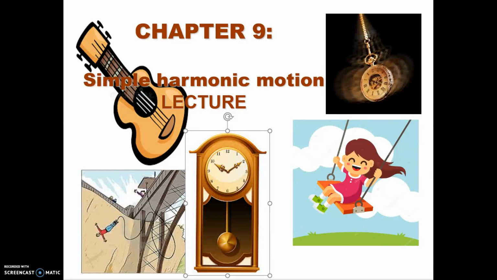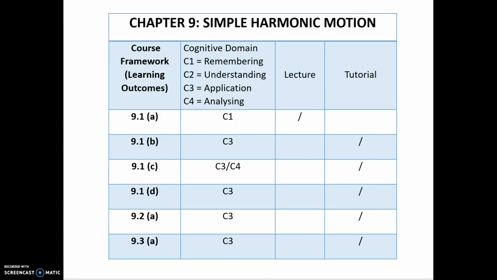So let us start simple harmonic motion, chapter 9. I believe you have gone through the lecture and learned the basics of simple harmonic motion. Basically you have learned 9.1a from your lecture.